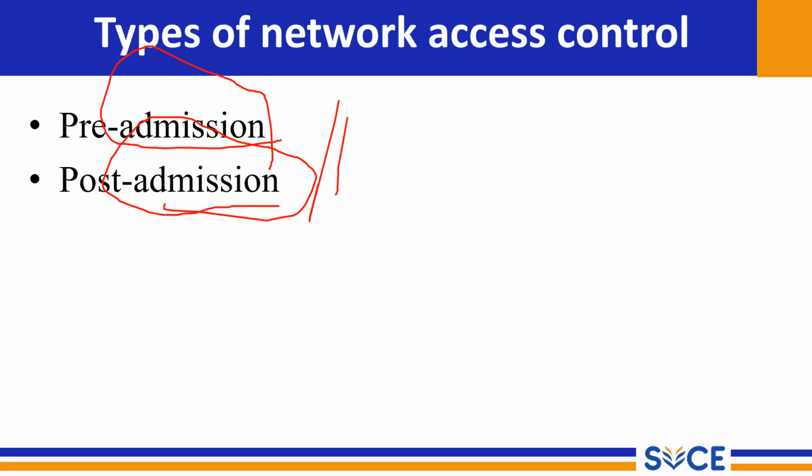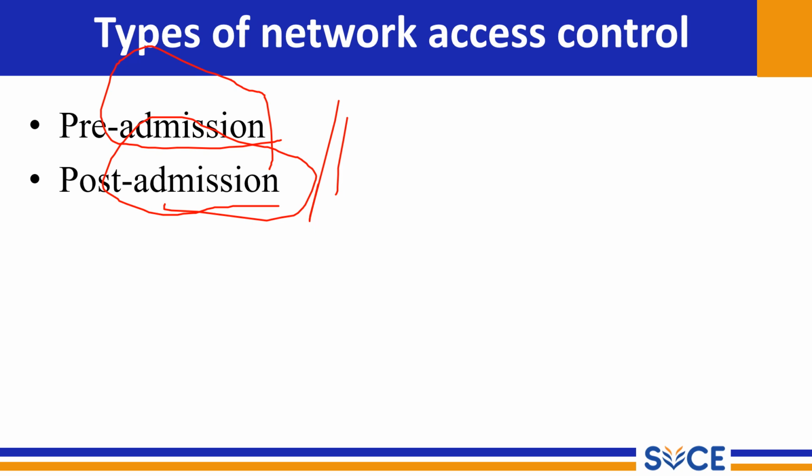And pre-admission also often relies on strong authentication methods such as multi-factor authentication or biometrics to verify the user identity. And the main purpose is to prevent unauthorized devices or users from accessing the network, acting as the first line of defense against cyber attacks.